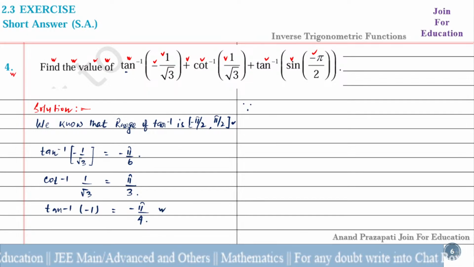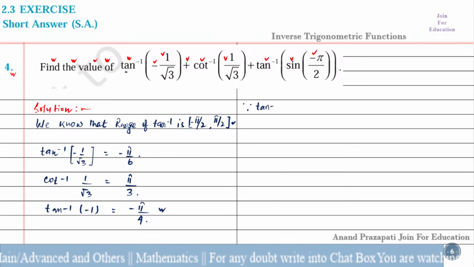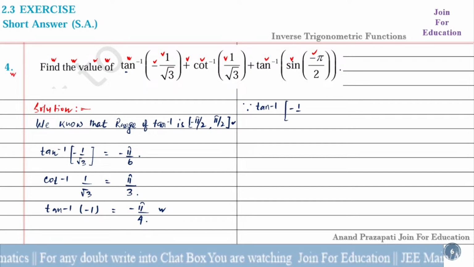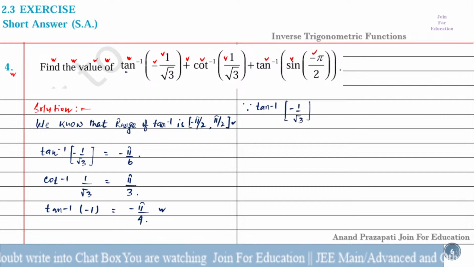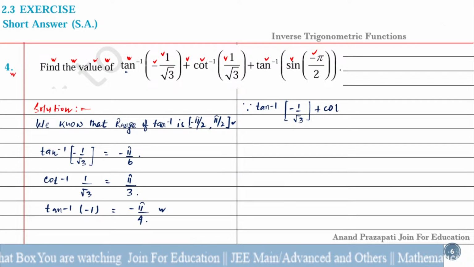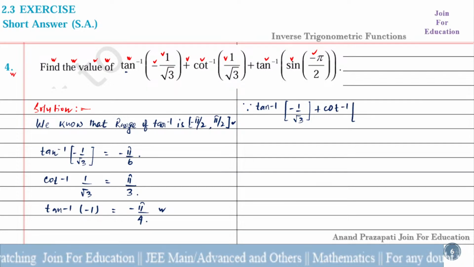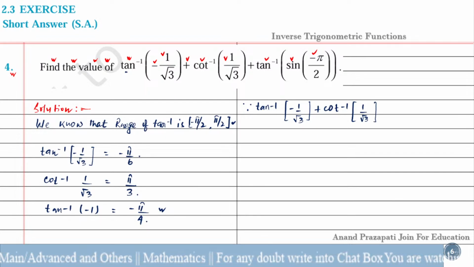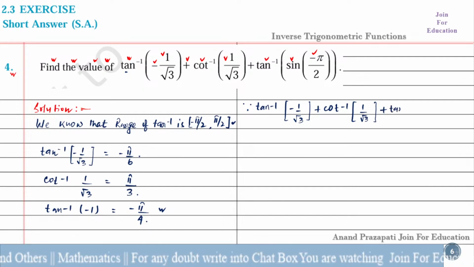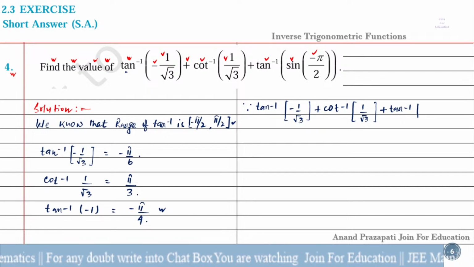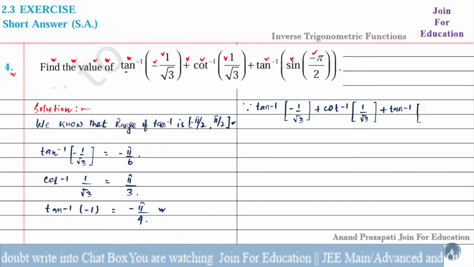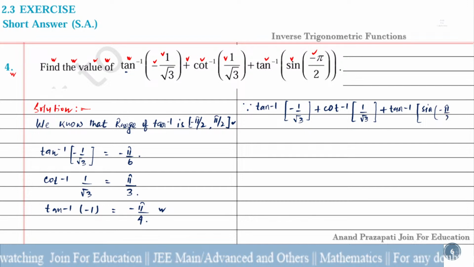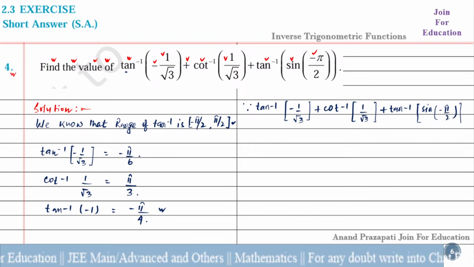Therefore, here will be tan inverse minus 1 by root 3 plus cot inverse 1 by root 3 plus tan inverse sine minus pi by 2.